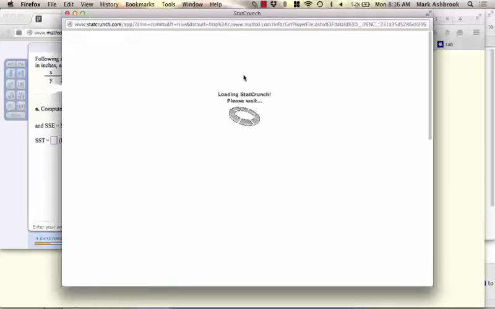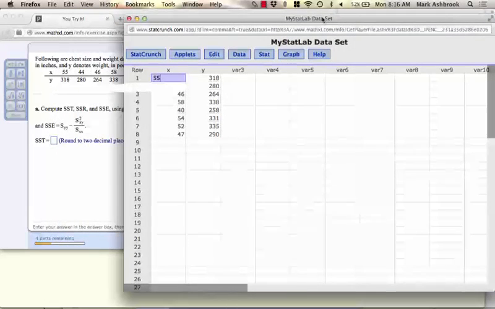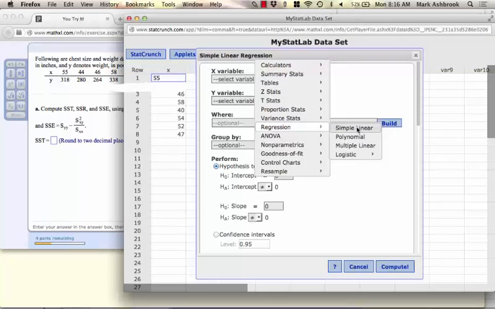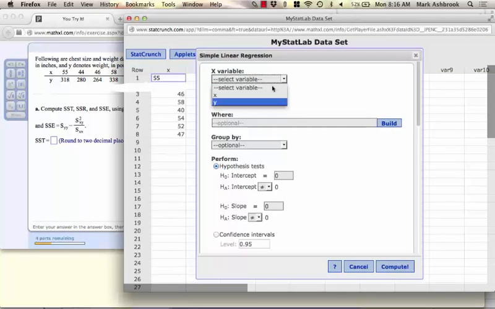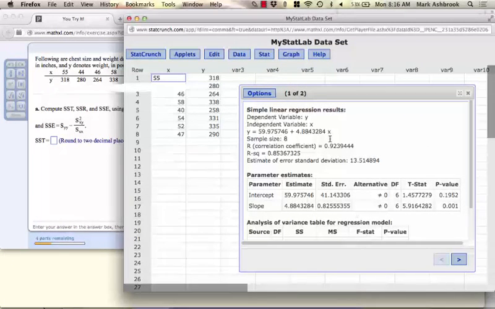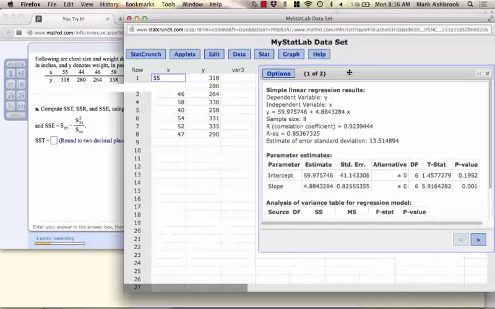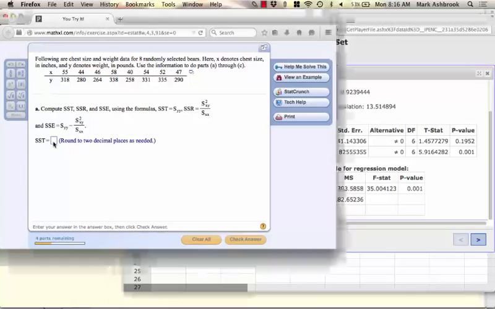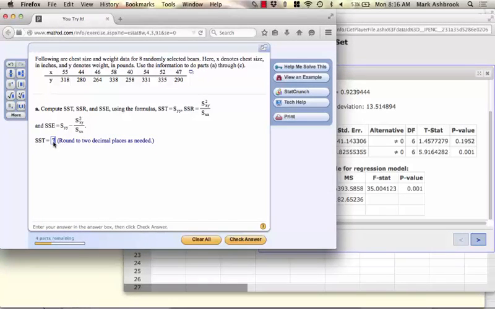Again, you're going to go stat, regression, simple linear, x, y, compute. SST, 7,489.5.